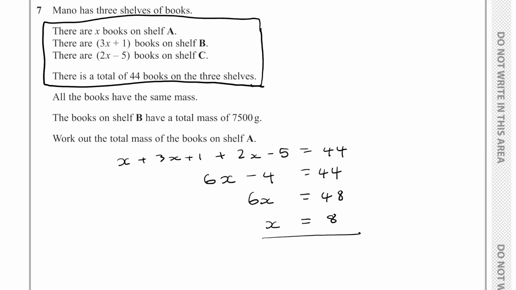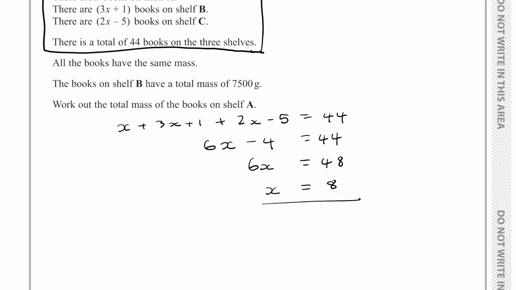X is 8, so there are 8 books on shelf A. Shelf B has got 3 x's plus 1. 3 8s are 24, plus 1 is 25. And shelf C, 2 x's, 16, take away 5, 11 books.